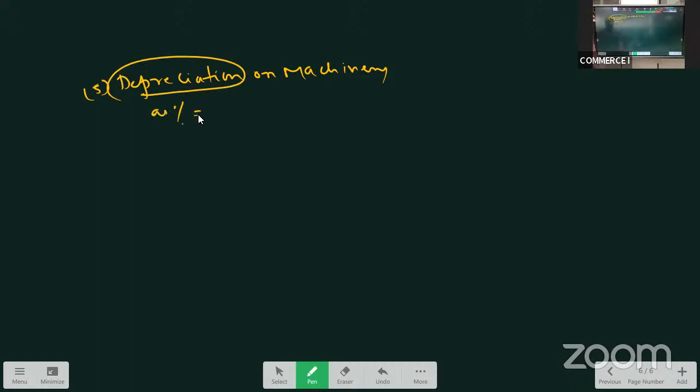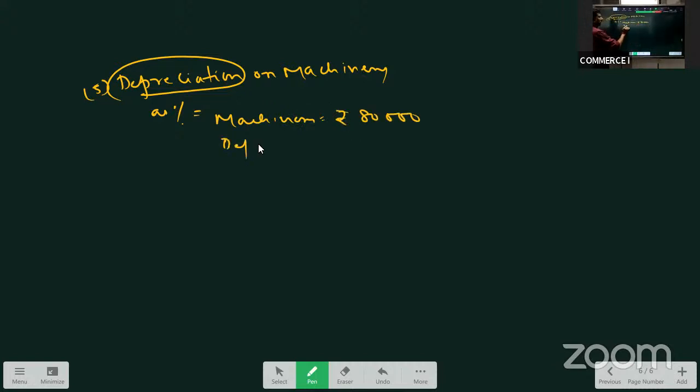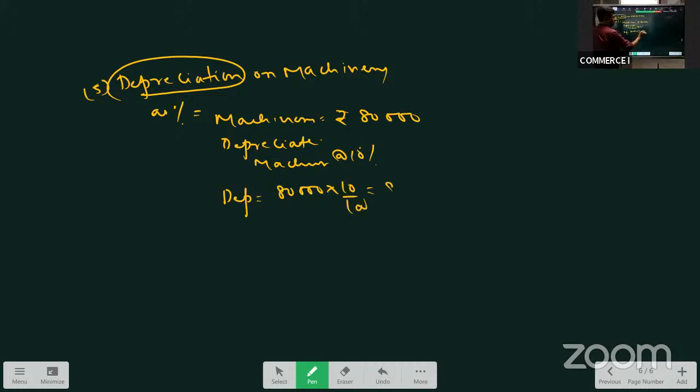So we calculate that percentage on the asset. For example, machinery is given as rupees 80,000 and we are asked to depreciate machinery at 10%. We calculate depreciation as 80,000 into 10 by 100, that is 8,000. This 8,000 we will show in the P&L account on the debit side as an operating expense.